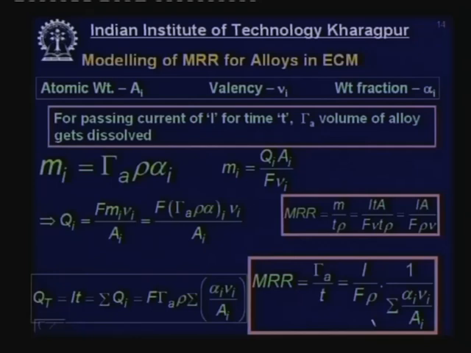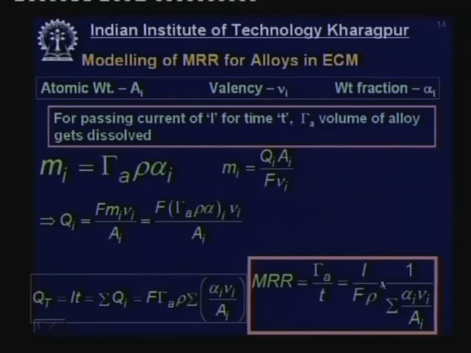Now, if you compare this material removal rate, which is for an alloy, with that for an element, they are very similar. How are they similar? Material removal rate for an element is proportional to current. Here also it is proportional to current for an alloy. It is inversely proportional to rho, and here also it is inversely proportional to rho. So, where is the difference?